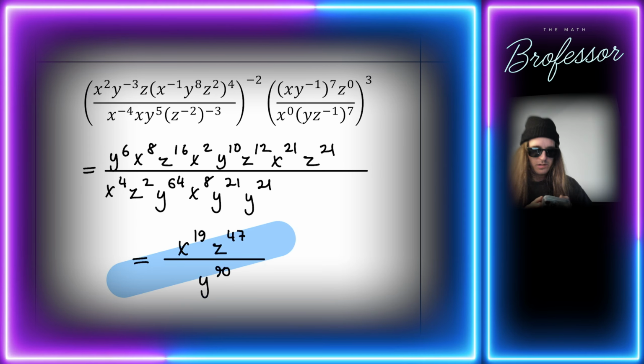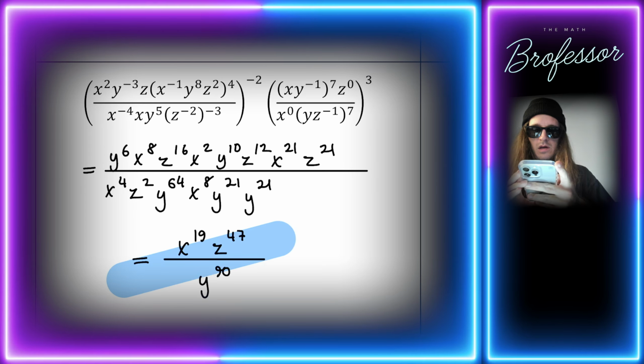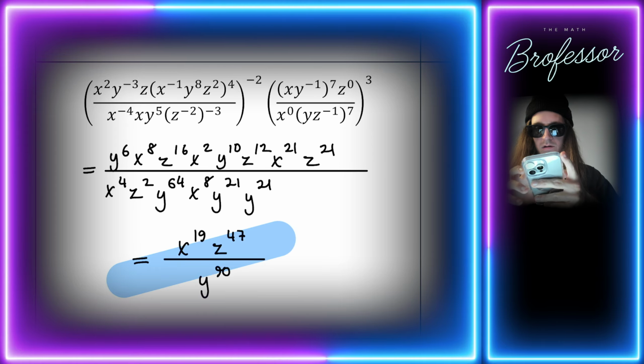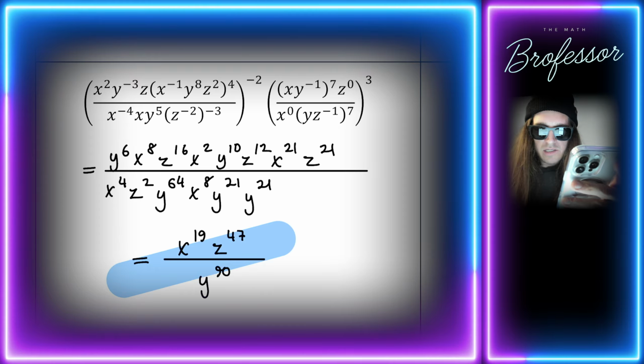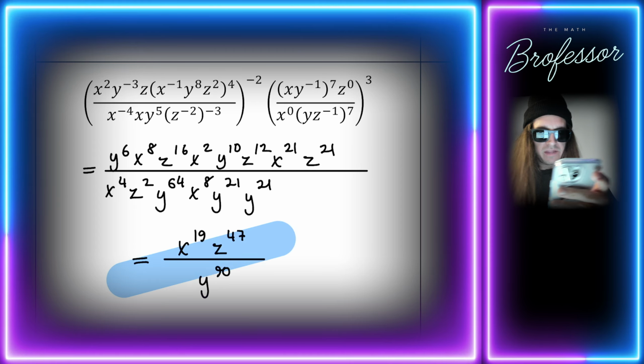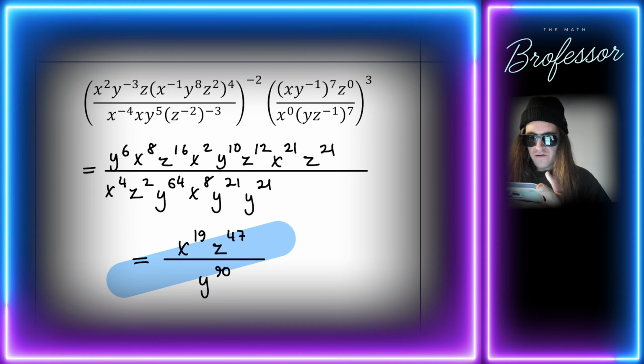That's insane how fast that was. Okay, let's see if I can handle this. X 19, Z 40, Z 15, Y 90. So we got the Z wrong. The Z is supposed to be a 15.